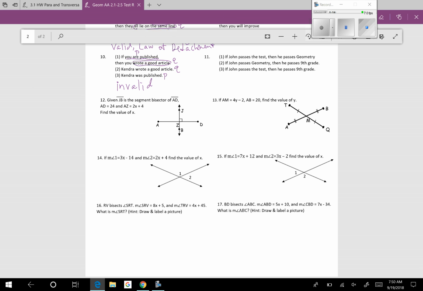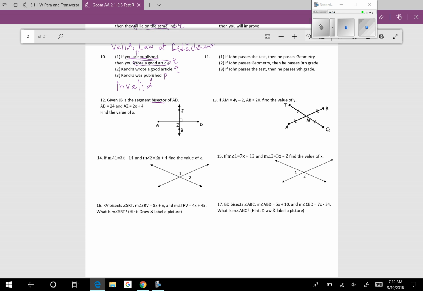So these are kind of reviewing what we know about angles and about line segments. So knowing your vocabulary is very important here. It says, given that segment JB is the segment bisector of segment AD, and AD is equal to 24, and AZ is equal to 2x plus 4, find the value of x. So right away, JB is the segment bisector of AD.